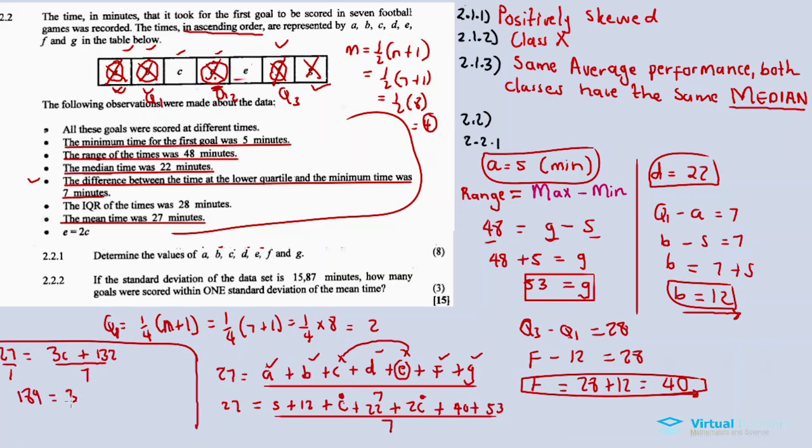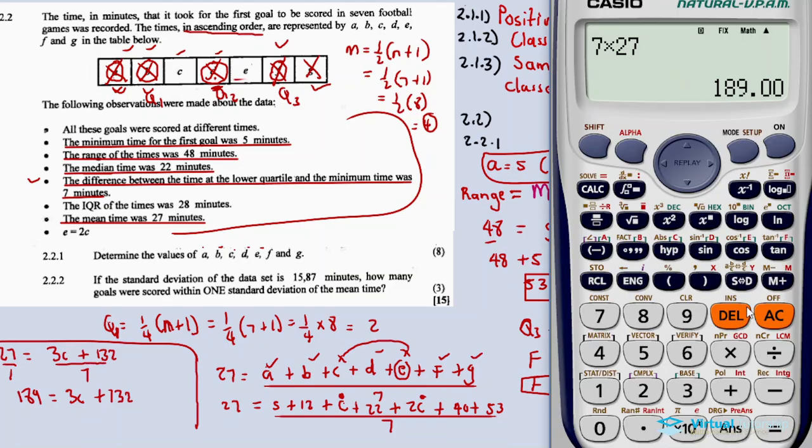So 189 equals 3C plus 132. And then 3C is equal to 189 minus, since you transpose 132, in total 57.